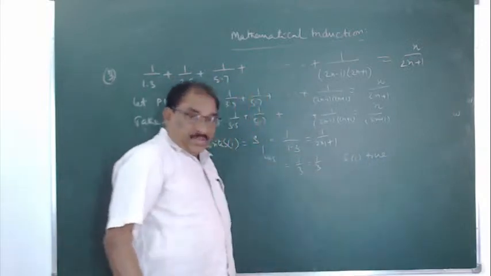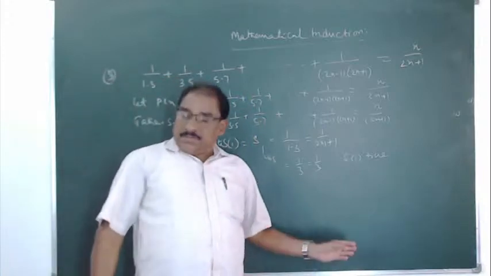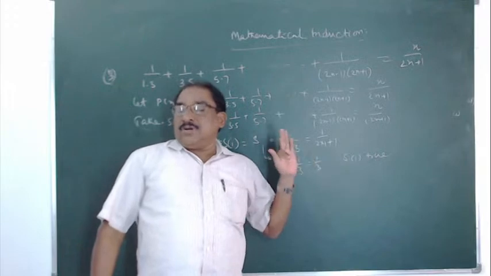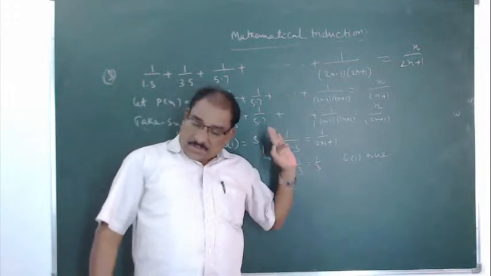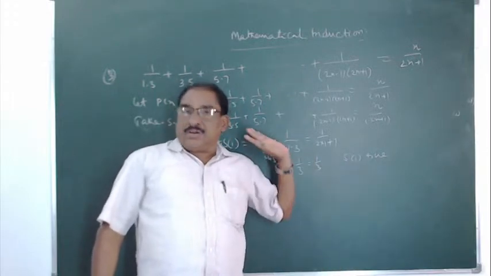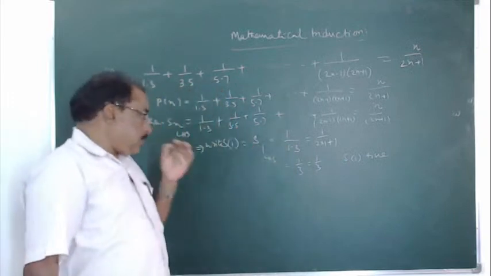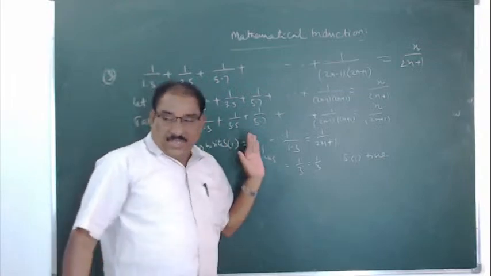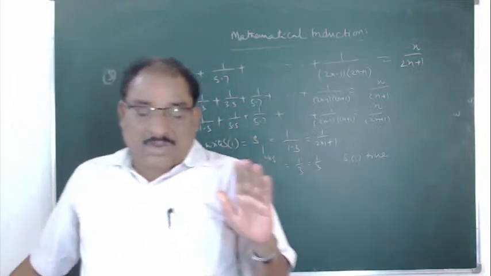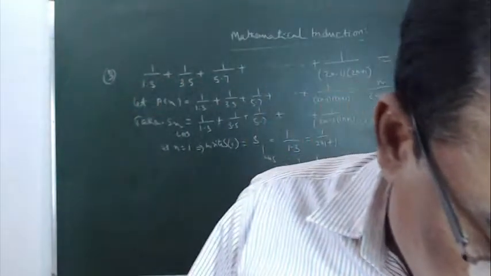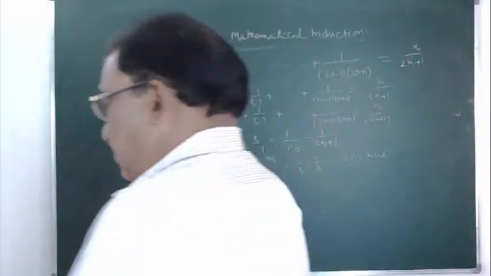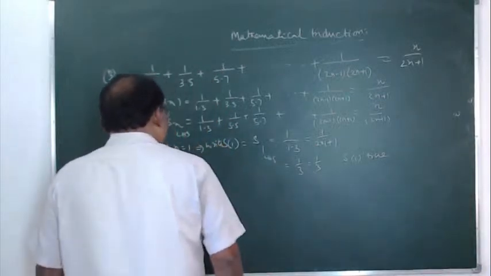Then P of 1, the given statement P of n, is true for n is equal to 1. Okay, S1 is true. This completes the basis of the induction. This is the first step, completely the first step.